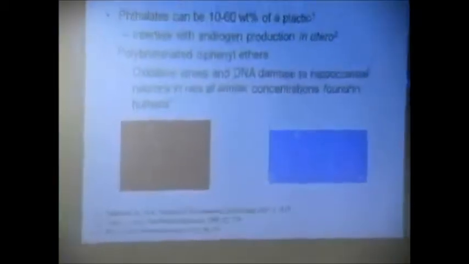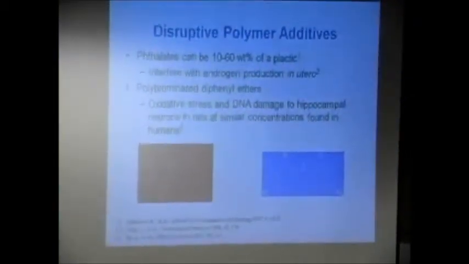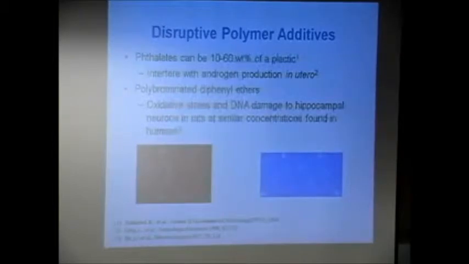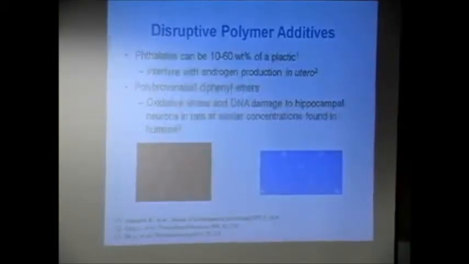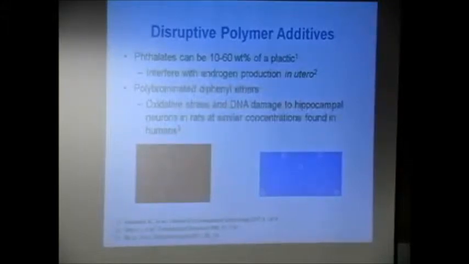And two of them, which are becoming of concern, are phthalates, which are plasticizers, like shown here, and polybrominated diphenyls that are used as fire retardants. Neither one of these two molecules are desired in plastics because of their adverse effect on mammals, including humans. So they're endocrine disruptors, and there's all kinds of interest in getting them out of plastics.